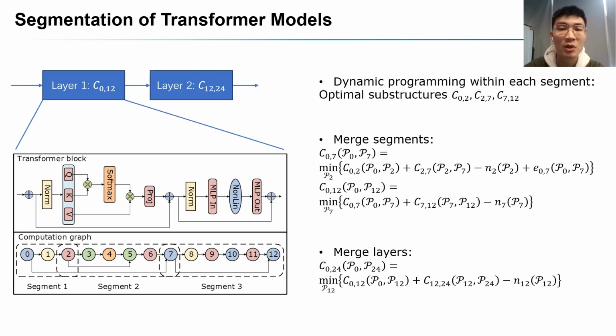For transformer model structure, each transformer layer only needs to be partitioned into 3 segments. The optimal substructure of a whole layer is computed by 2 merges. Since transformer models consist of repeated layers, we only need to compute optimal substructure of a layer once and merge layers to complete the optimization of the whole model.